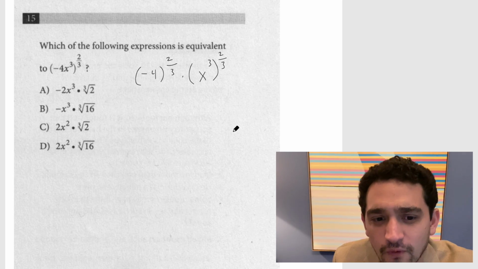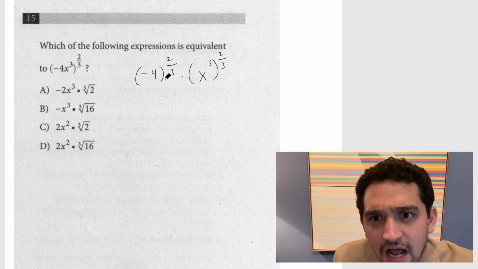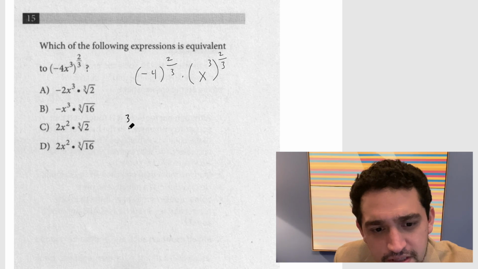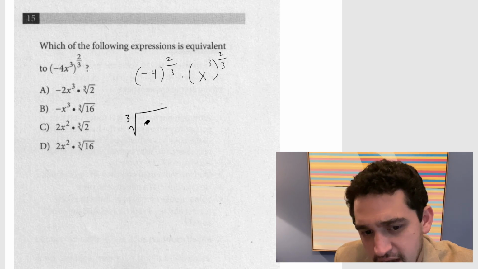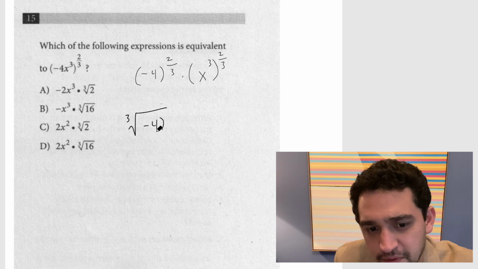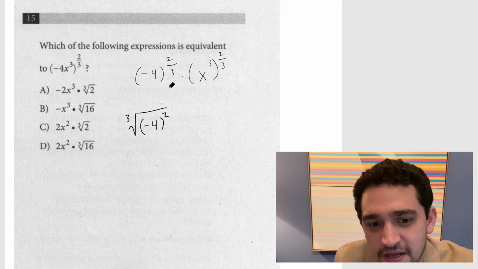What is negative 4 to the power of 2/3? Well, let's make this 3 in the denominator the index for our radical. This is the cube root of negative 4 to the power of 2. This is how you translate this exponent of 2/3.